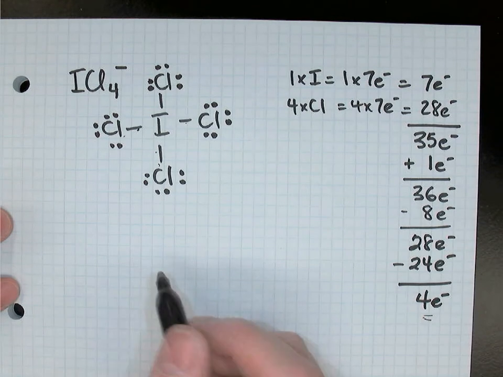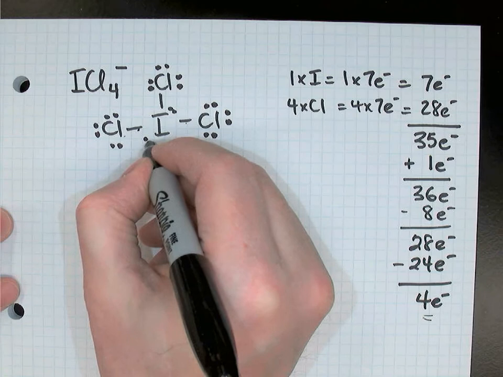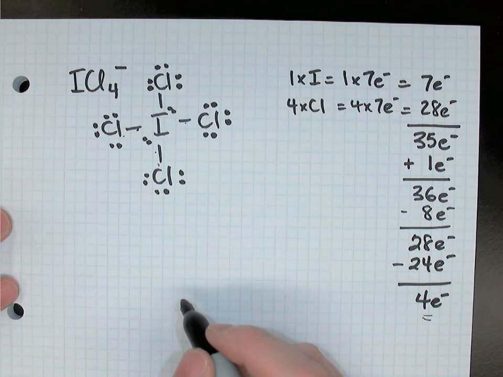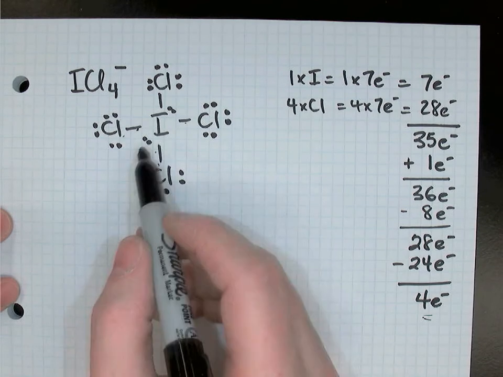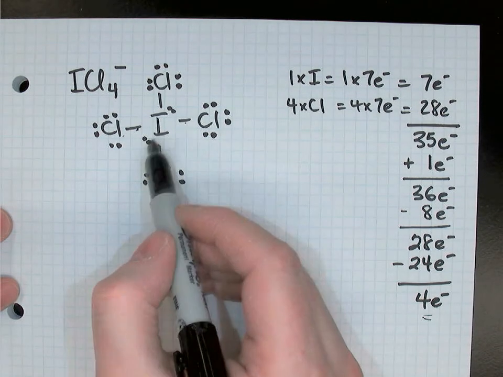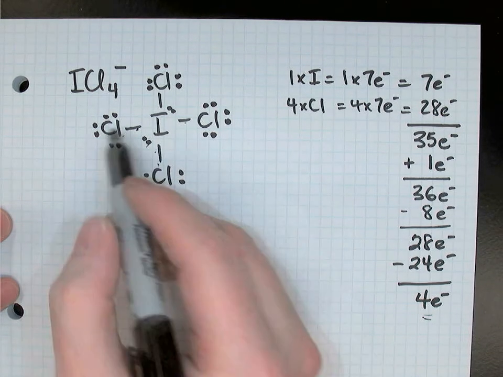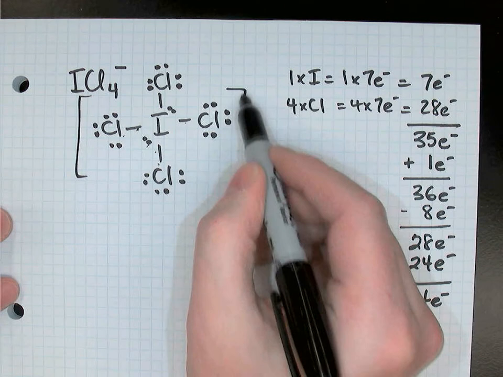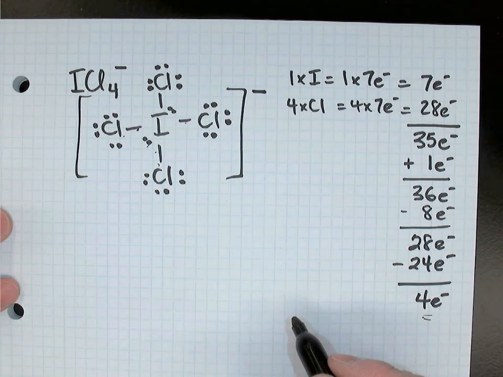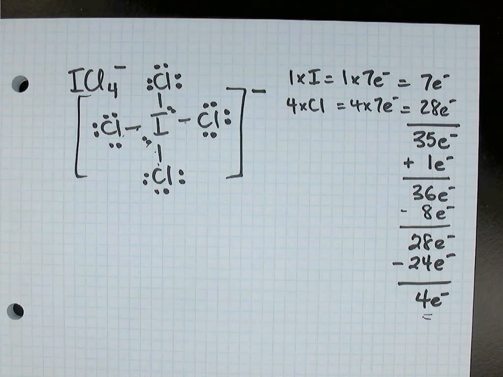Remember that elements in period 3 or lower, and iodine is certainly one of those, it's in period 5 on the periodic table, are allowed to have expanded octets. So these 4 electrons I'm placing on the central atom with 2 lone pairs. And finally, because the whole thing was an ion, we'll put its diagram in brackets and put a charge outside the brackets. So there's the Lewis diagram for ICl4 minus.